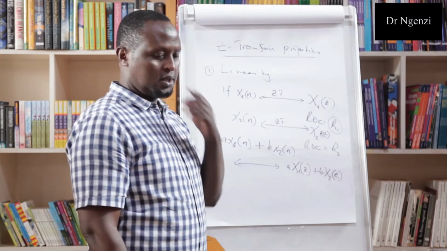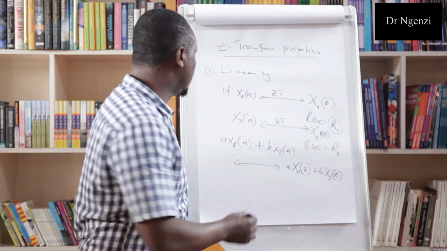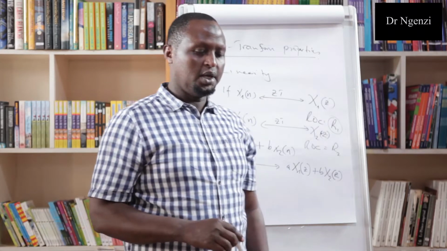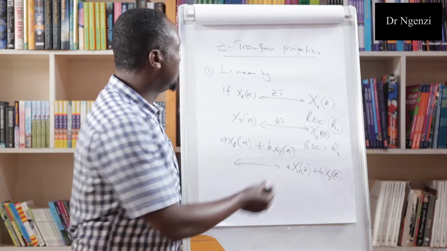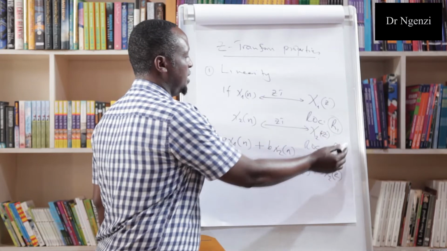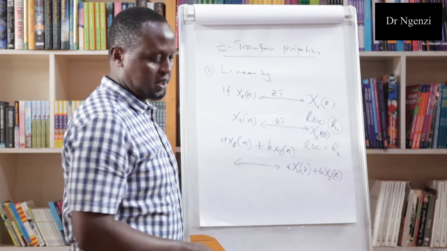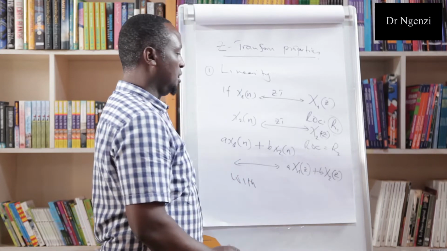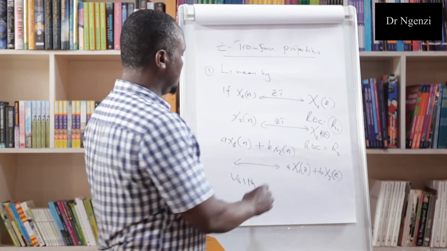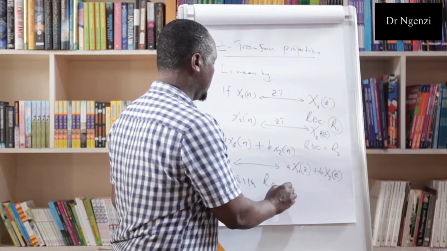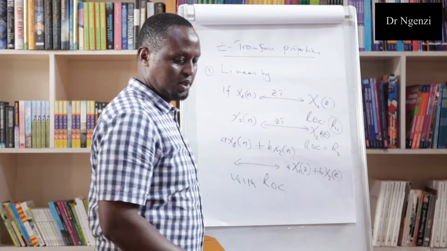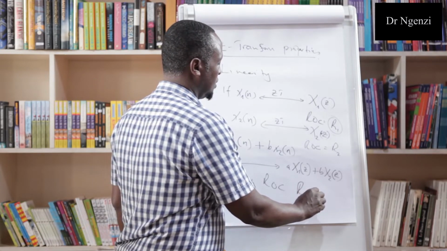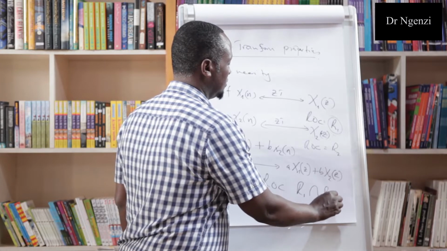The region of convergence is going to be the intersection of A and B, because you are trying to combine them. If you combine R1 and R2, the region of convergence is going to be R1 intersection R2.